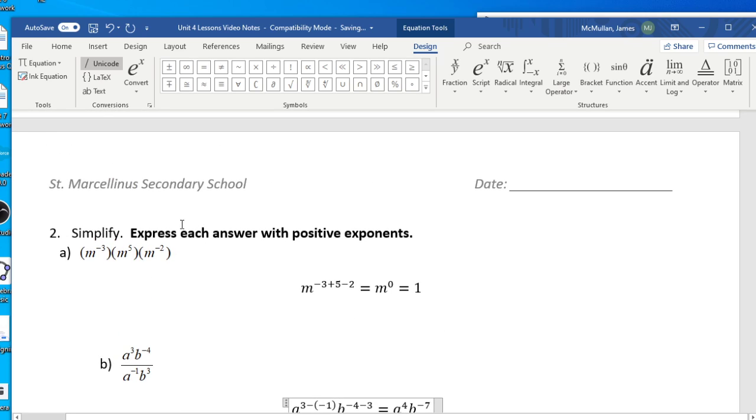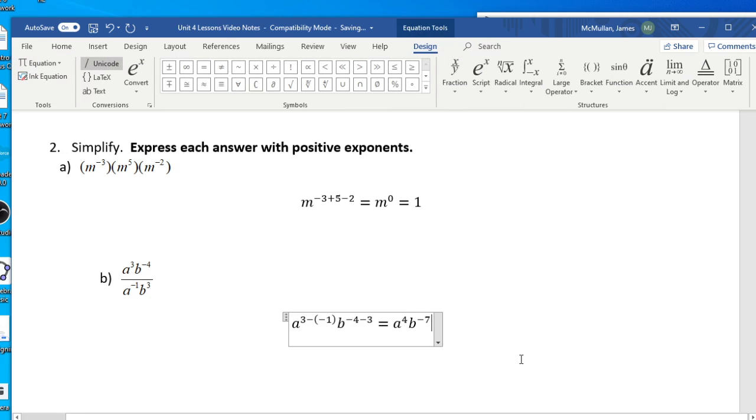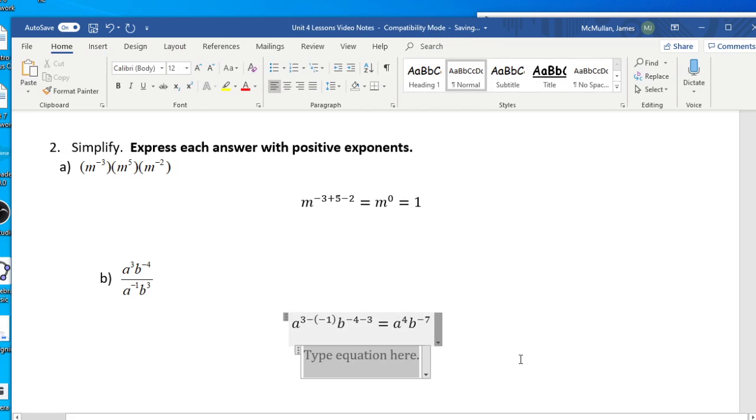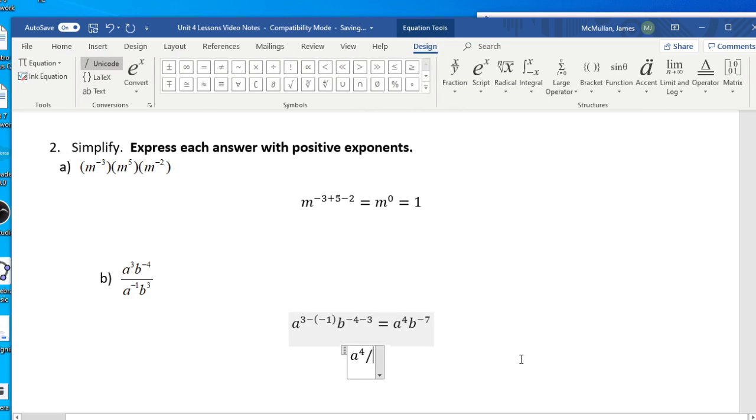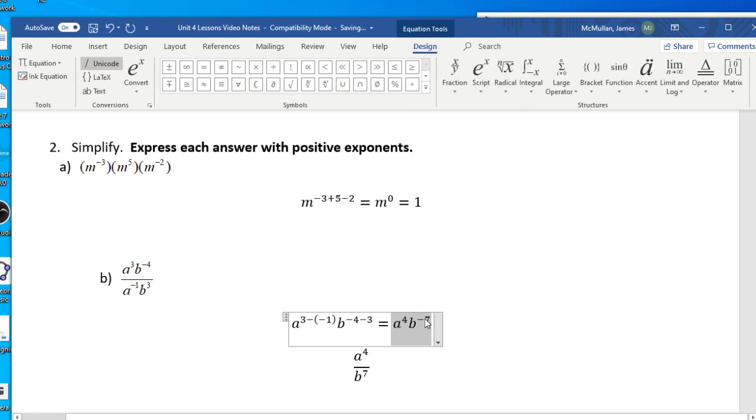Now, the question says you're only allowed to use positive exponents, so I can't leave b to the negative 7. I have to give another step and say my answer is a to the 4 over b to the 7. Because remember, a negative sign in an exponent means switch it with the numerator or the denominator. Right now it's in the numerator. I send it to the denominator, and then the exponent becomes positive.